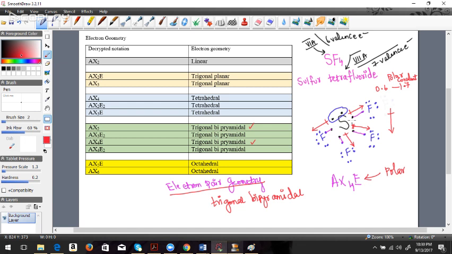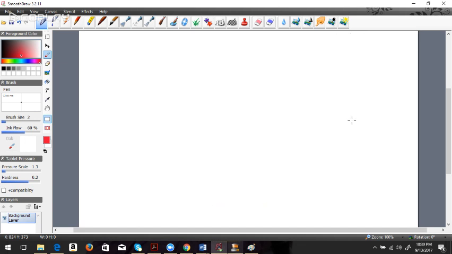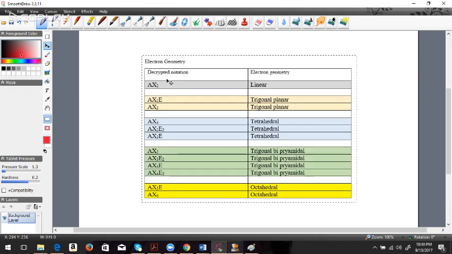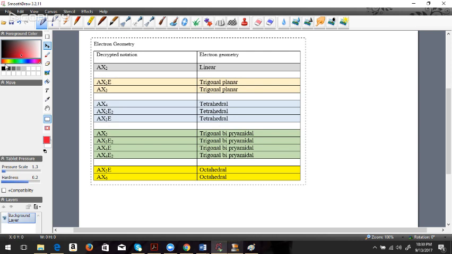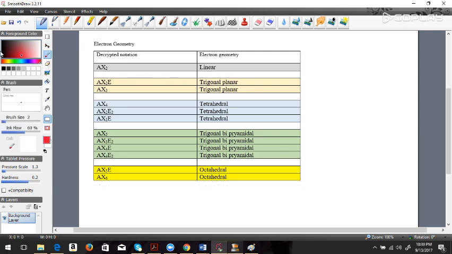So while we're on the topic, remember I said that you can have a molecule that may have polar covalent bonds, but the molecule itself may be non-polar. And the example I showed you all was AlCl3. Now Al is in group 3A.